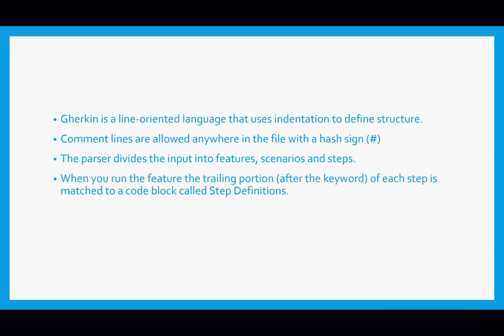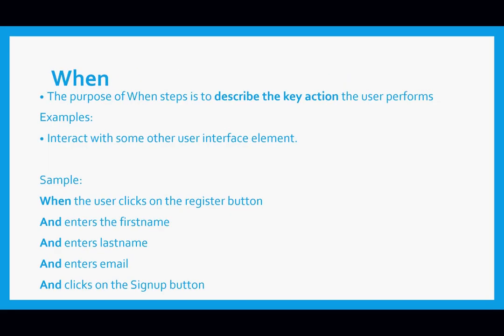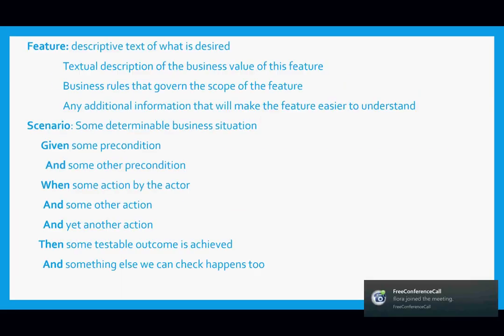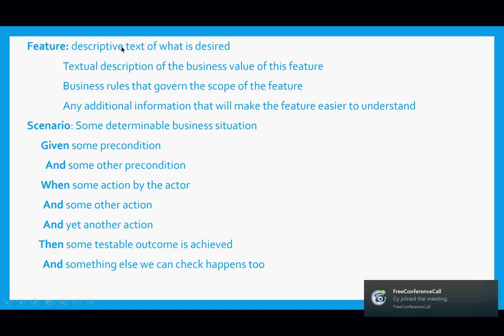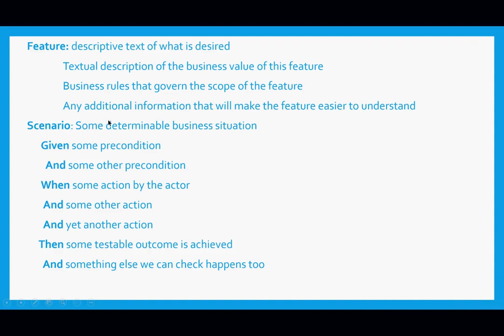If I go to the top quickly, your feature lines are not going to be translated, because this is just descriptive text that explains what the test should do, and your scenario line is not going to be translated into a step definition either.